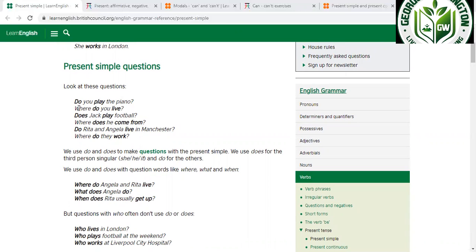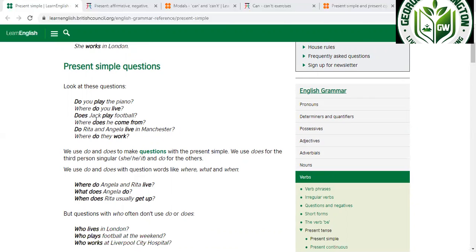When I'm using a WH question, I also use do when I'm using the subject you, in this case, okay? Where do you live?